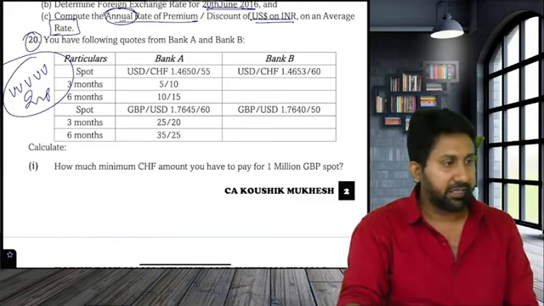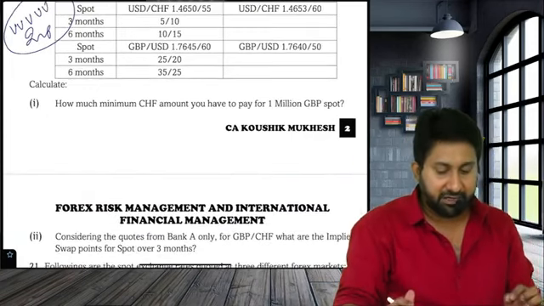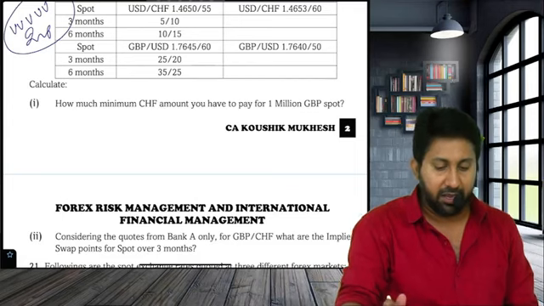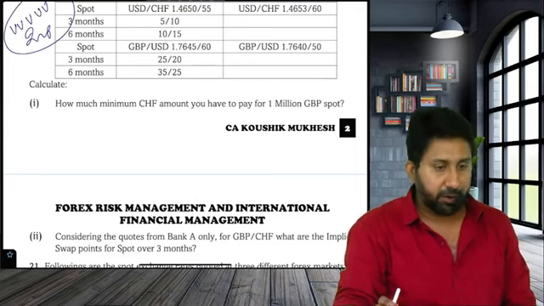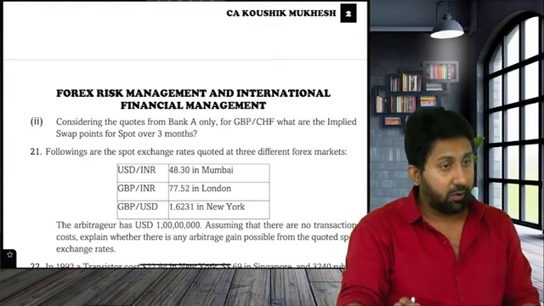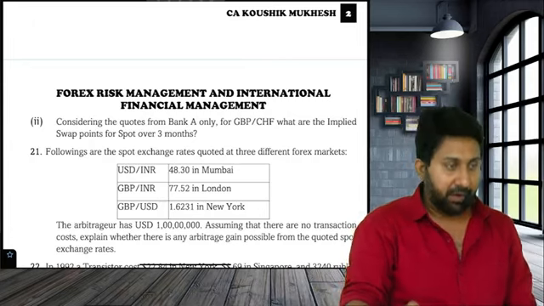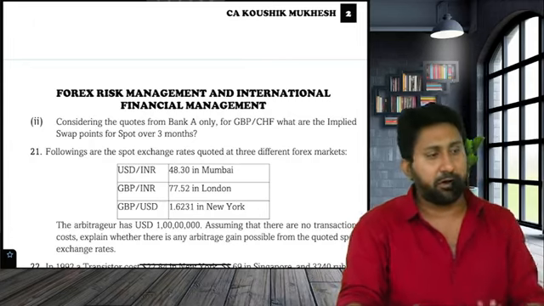3 months swap, 6 months swap. Now the question is on what? How much minimum CHF amount do you have to pay for 1 million GBP spot? Next, considering the quotes from Bank A only for GBP by CHF, what are the implied swap points for spot over 3 months? Very, very important question.